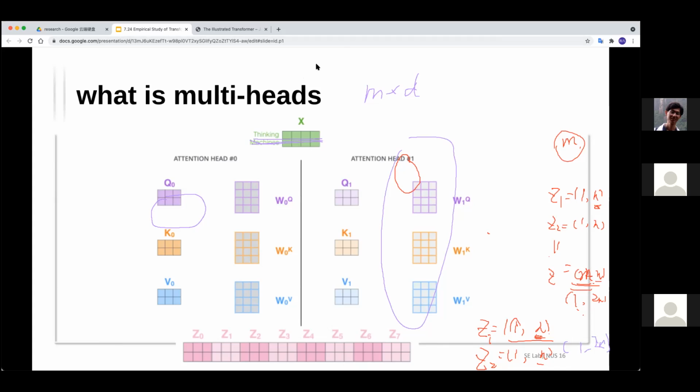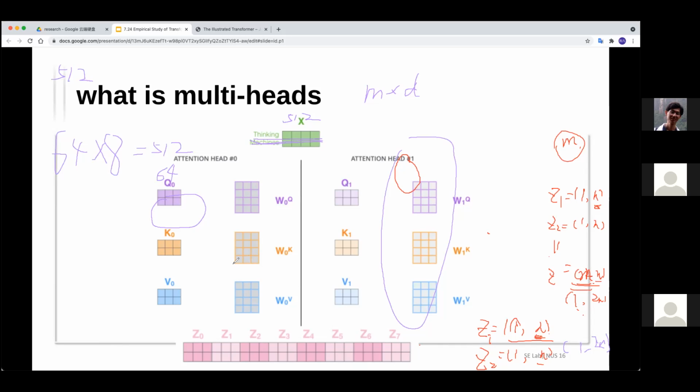So in this case, in your example, there are 8 heads. Yeah, because originally it has 512 dimensions. This is the X dimension, and this is 64. So it needs 8 heads to get the final same dimension as X. Wait.